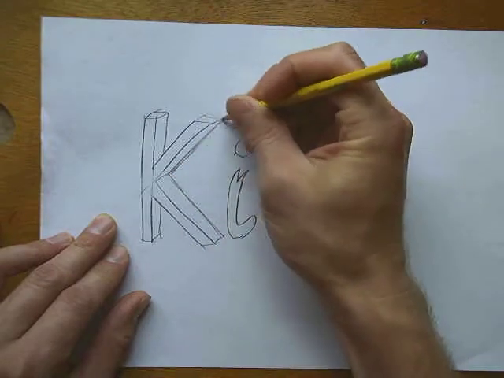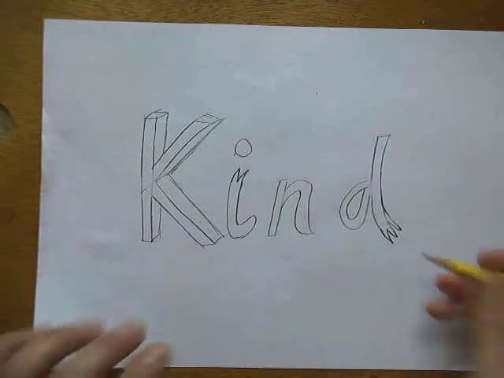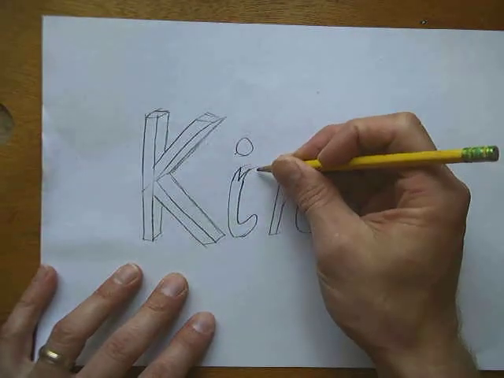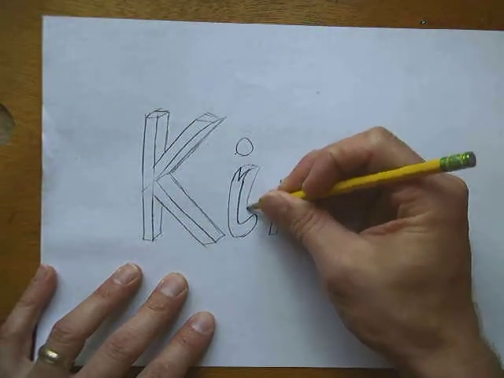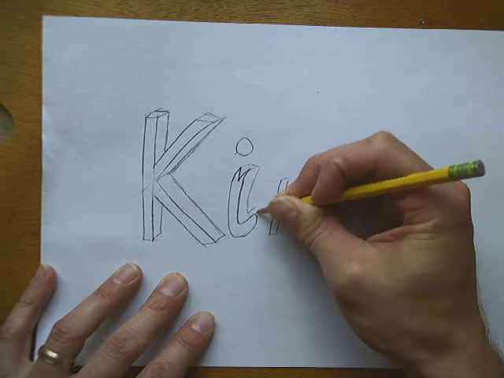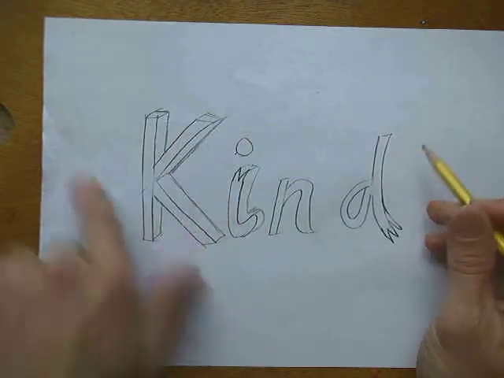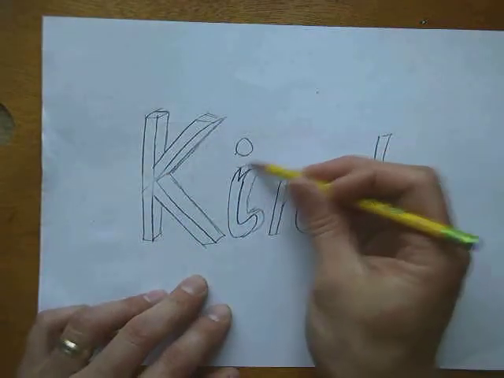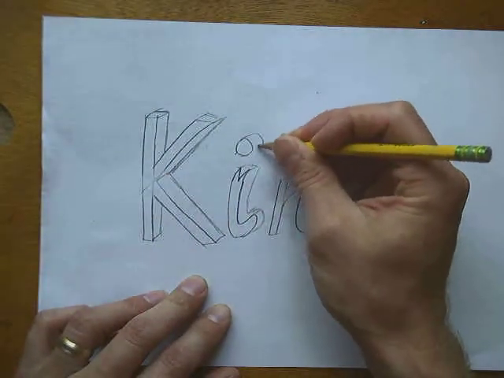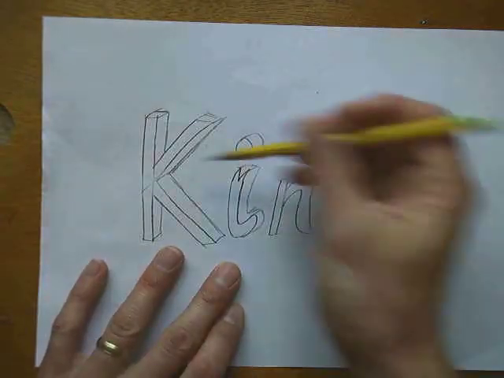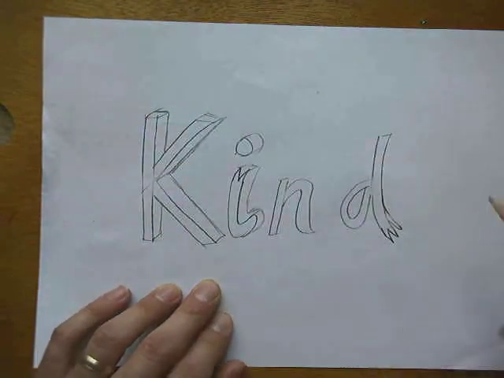You don't have to do that, but you can if you want to. But I'm just going to show you that with that one, and then I'll show the finished result in the video that you see with all of them done.